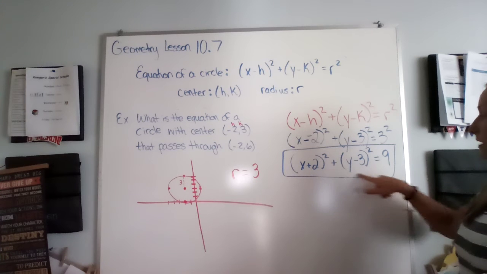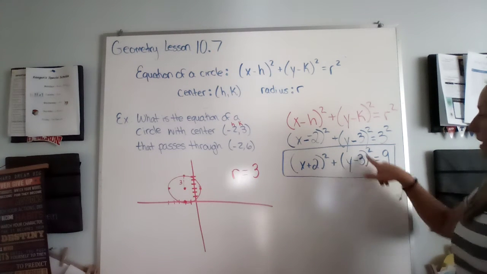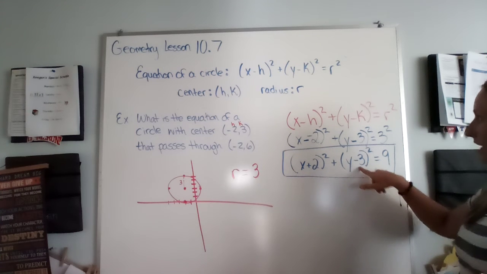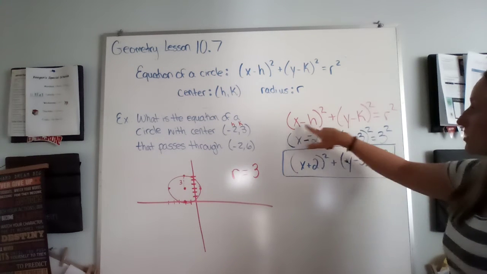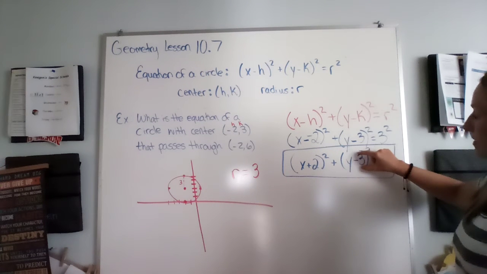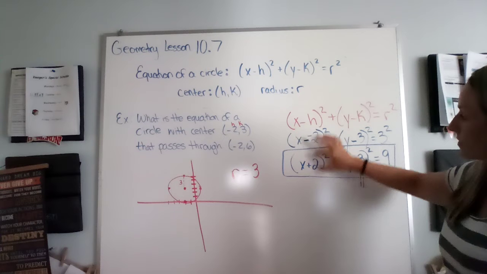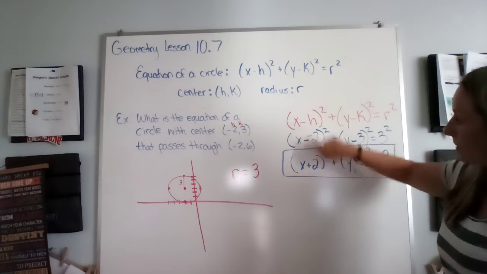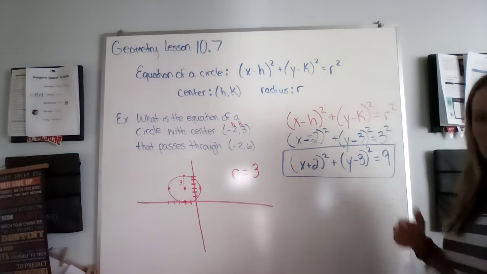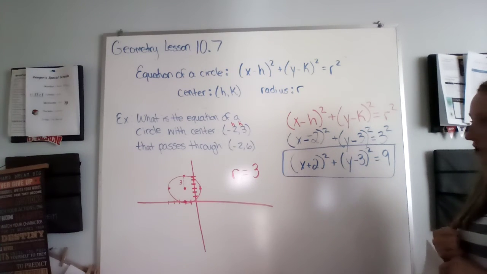If you're given the equation of a circle, the center points are actually the opposite of what they appear. It's going to be a center of -2 and +3. And that's because the original equation is minus minus. So what number was plugged in for k? It was a +3. What number was plugged in for h? Well, how did it turn into a +2? It must have been plugging in a -2. So just little things like that that we need to pay attention to.